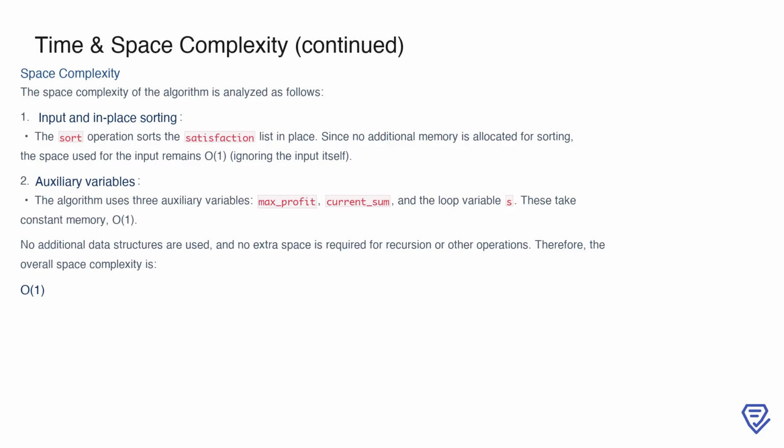Since these variables do not depend on the size of the input, they consume constant memory, which is also O(1). There are no additional data structures, recursion, or dynamic memory allocation involved. Thus, the overall space complexity of this solution is O(1), making it very memory efficient.